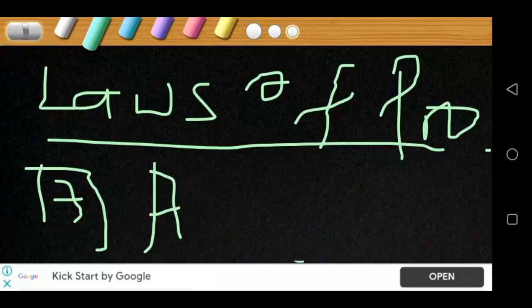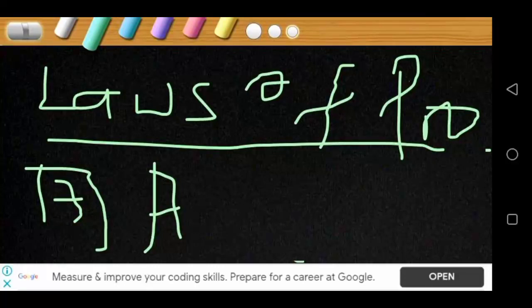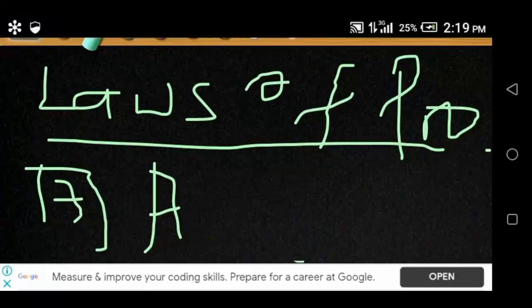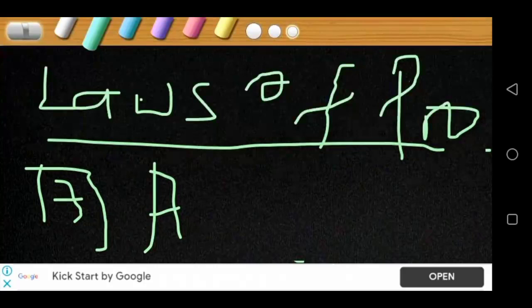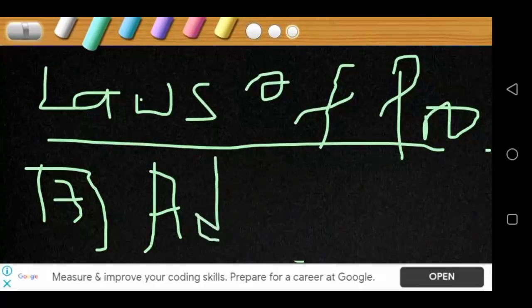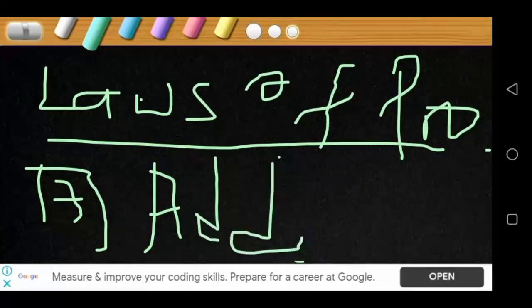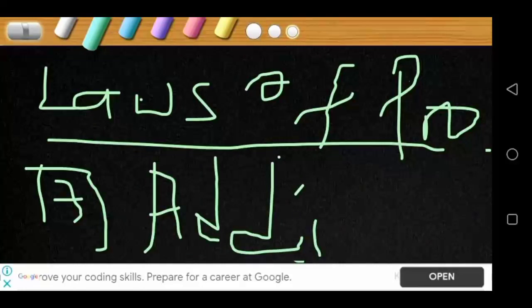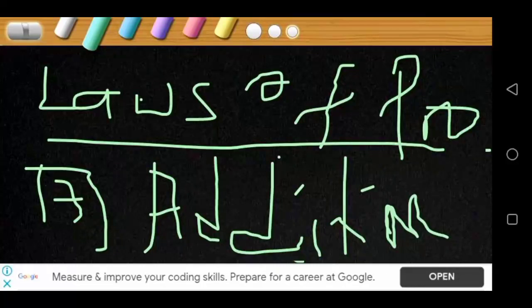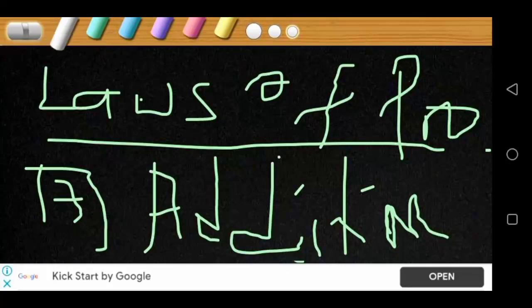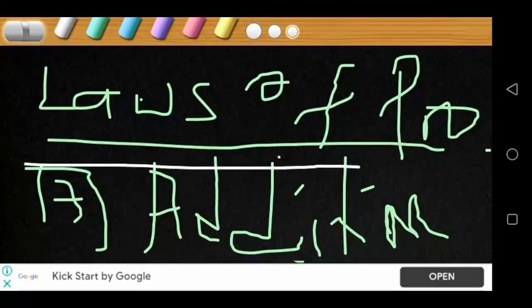This is recognized by the word or. That is the additional law. It's recognized by the word or. That is O-R, or.